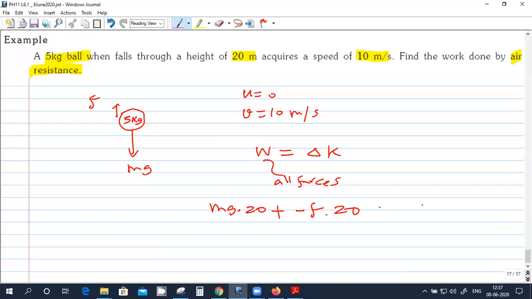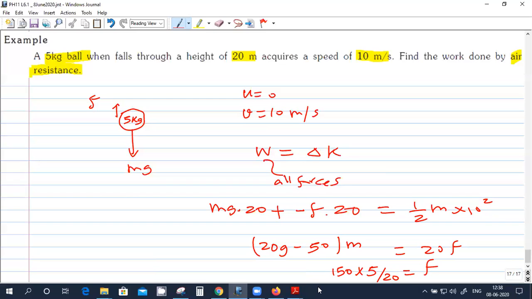So mg is 50, 50 into 20 is 1000. 150 into 5. 75 by 2.